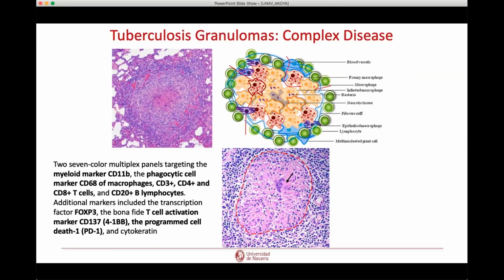Our aim here was to study the complex TB microenvironment. For that, we developed 2 multiplex panels targeting some of the most common immune cells. We used CD11b as a myeloid marker, CD68 to stain macrophages, and then to characterize the T cell population, we used CD3, CD4, and CD8, and the B cell marker CD20.